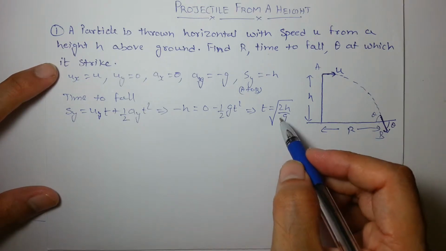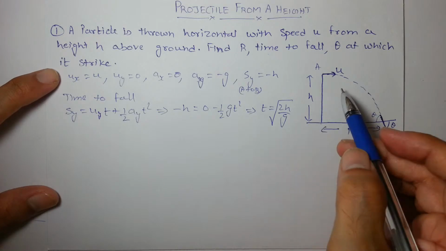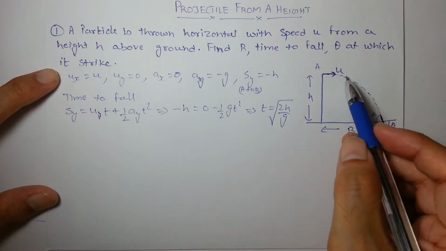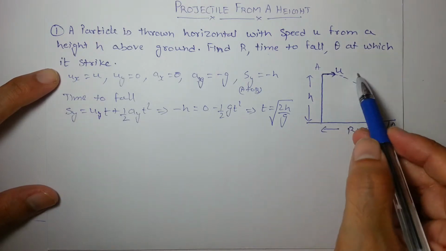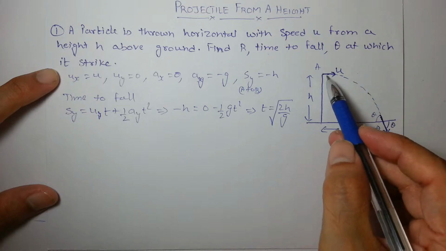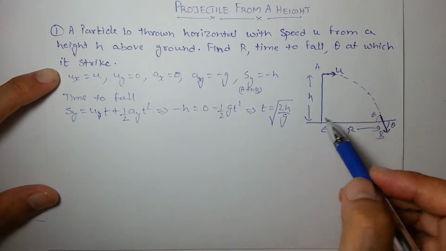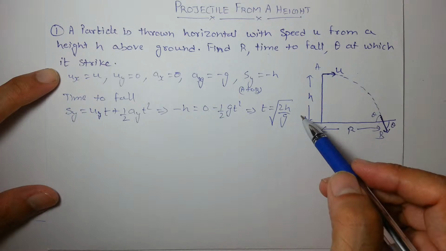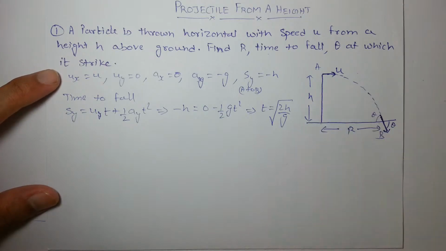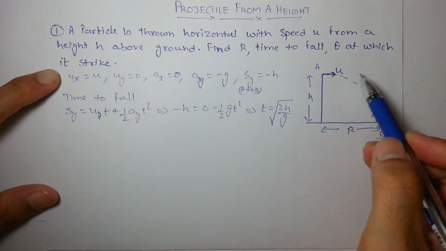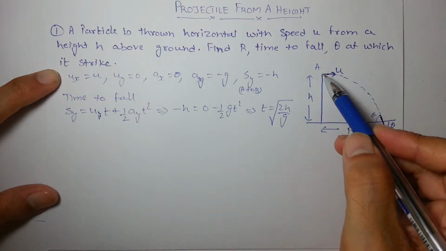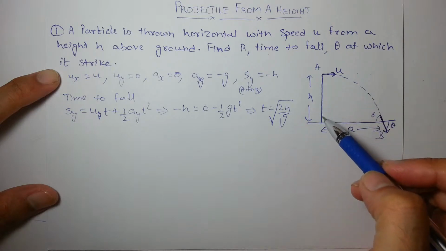And it is irrespective of u. No matter how fast you throw or how slow you throw, if you throw horizontally, then the stone will hit the ground after this time. Okay, and on this concept, short objective questions can be formed, that a bullet is fired and at the same time its shell drops dead.